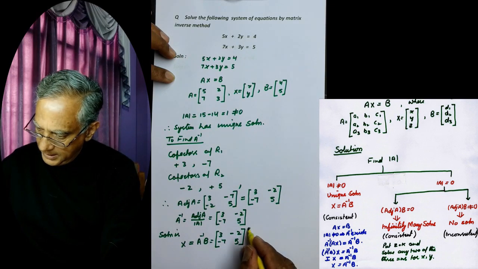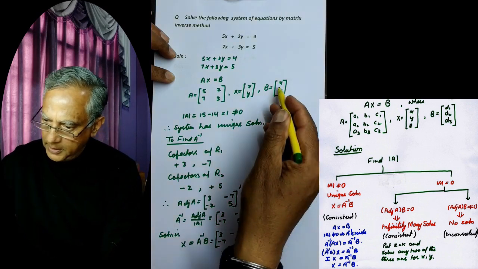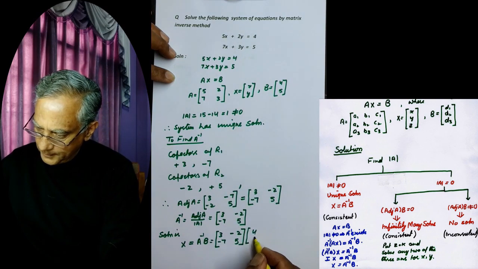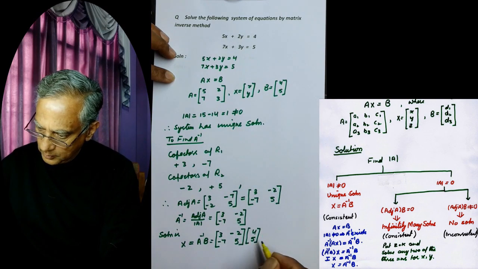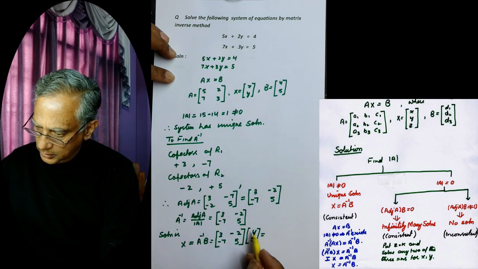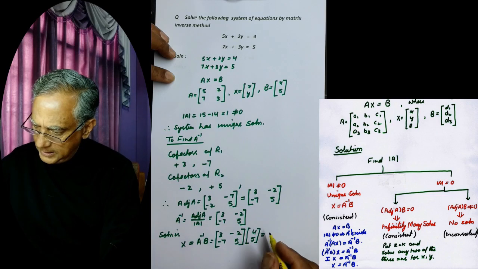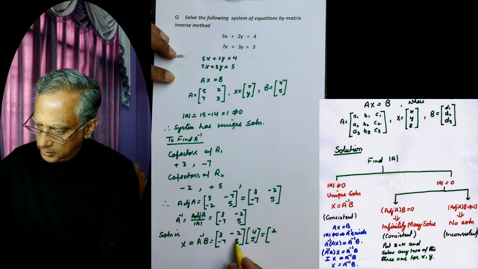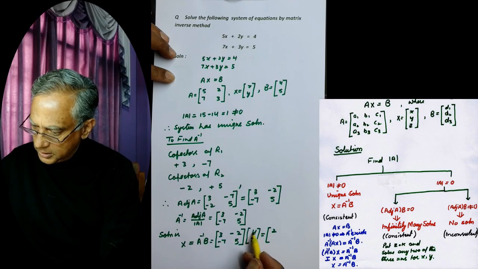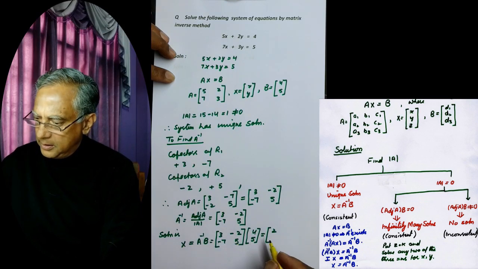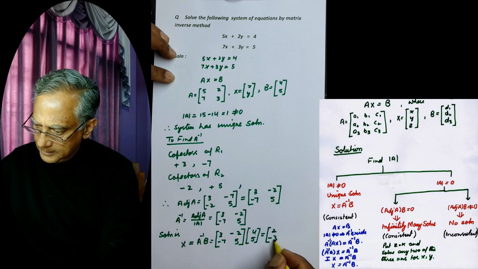And how much is B? B is 4, 5. So this is equal to this into this. 3 4s are 12, 12 minus 10 is 2. This into this: minus 28 plus 25, minus 3.